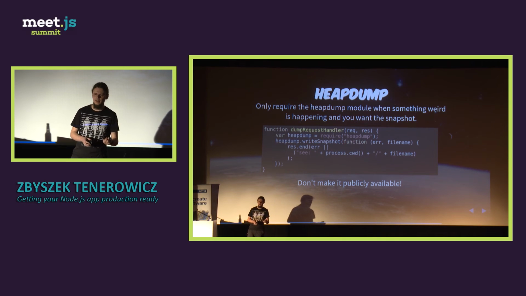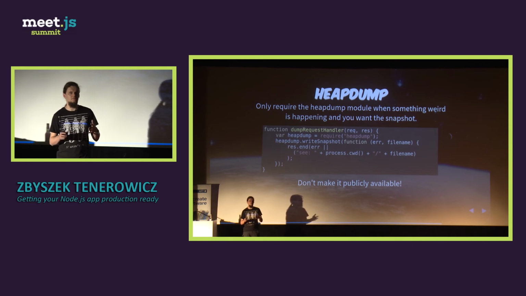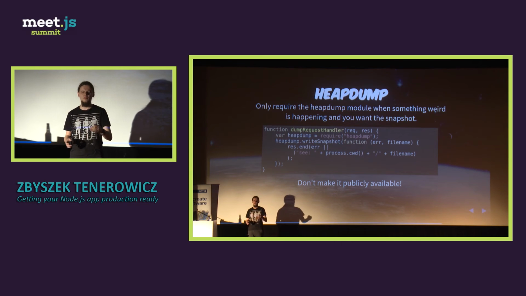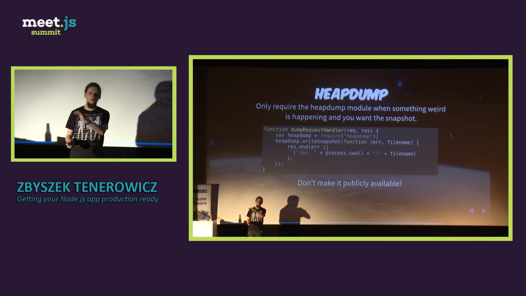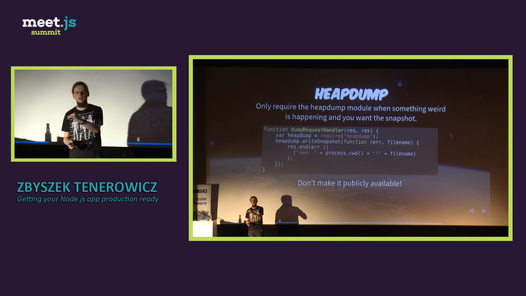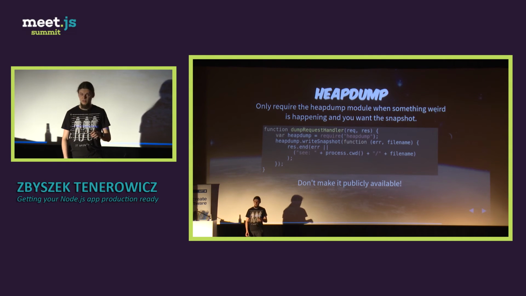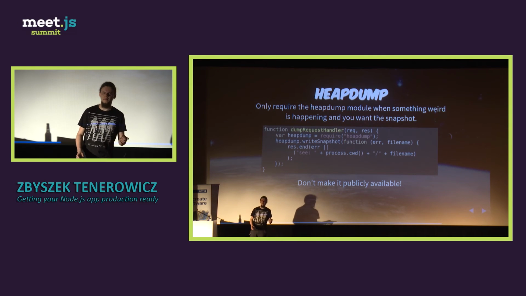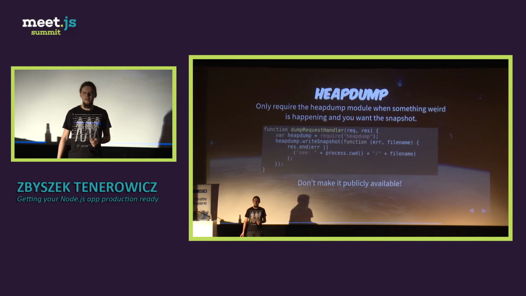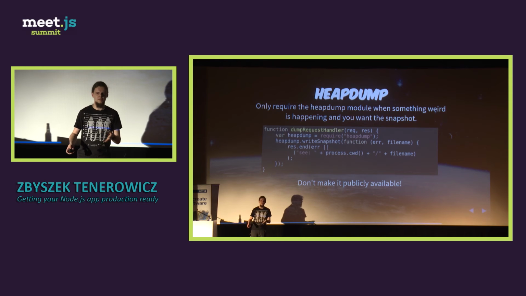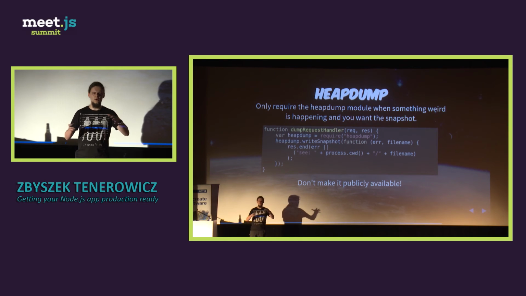This is why I suggest it's some kind of an endpoint that does it, or you have a way to trigger that from the outside. So if you say, I want to do the heap dump now, you require the heap dump only then, and then write the file with the dump. But don't publish this, because then you have a denial of service. Writing this heap dump file is actually very expensive. Well, obviously, you have to go through the memory and write it in a readable format.